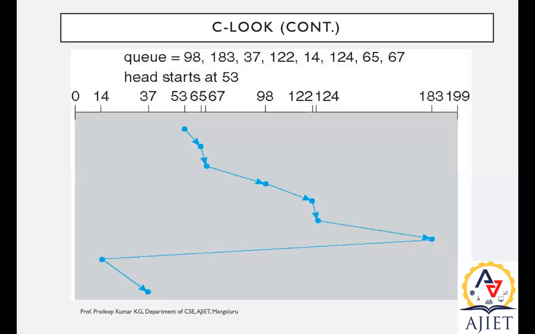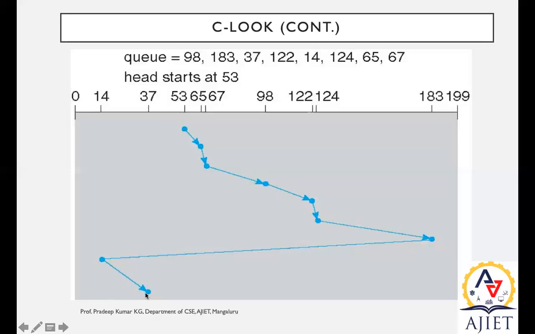Now the difference with respect to the previous C-scan is that it won't go till the end, it won't go till 199. It will take a U-turn wherever it stops, that is 183, the last IO request that has been made. Then it comes back to the initial position, which according to the list is 14, the least value, that is served, then 37.